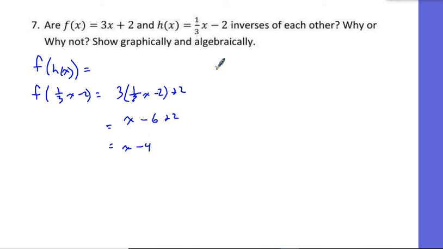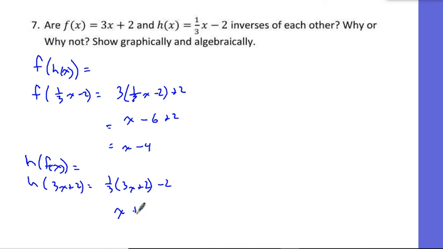But let's just double check by finding h of f of x. And if that one yields an answer of x, we might go back and check our work. So this would be h of 3x plus 2, and that's going to be 1/3 times (3x plus 2) minus 2. Distribute 1/3 and we have x plus 2/3 minus 2, which would be 6/3.